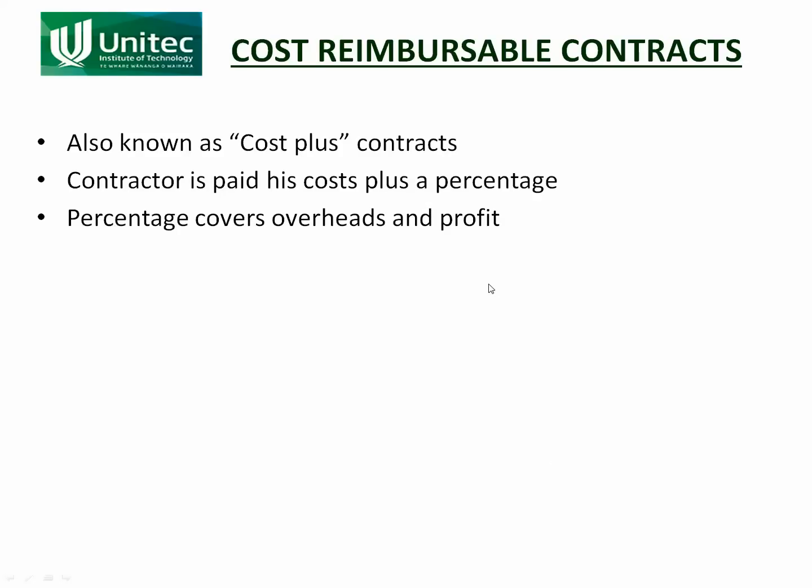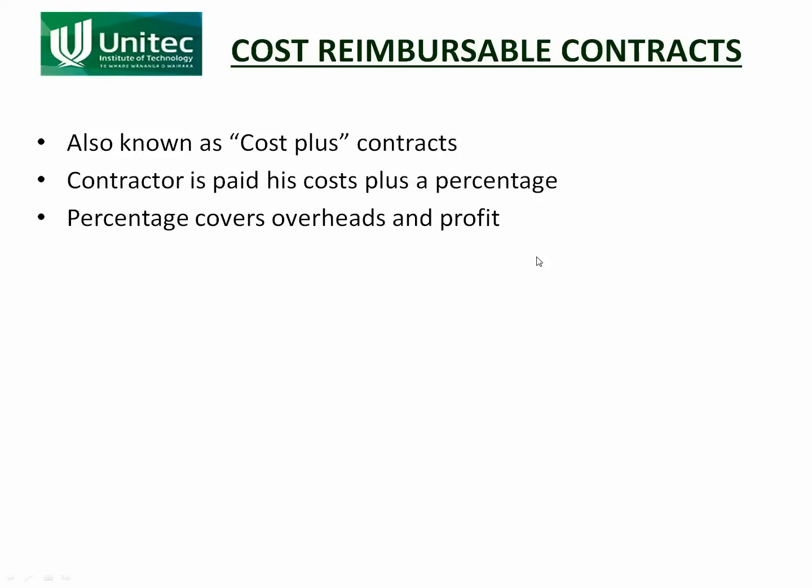The last one is cost reimbursable, also known as cost plus, and what happens is the contractor claims all his costs. His plant and labour are all paid on an hourly rate, and he just claims those hourly rates. If he buys materials, he's reimbursed the cost of those materials, and on top of that there's a percentage, 10, 15, 20%, to cover overheads and profit.